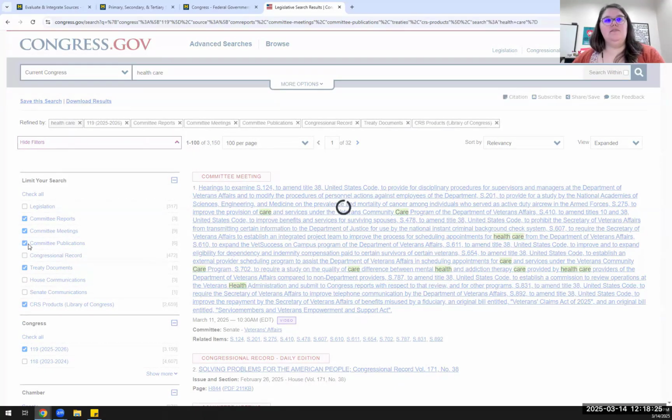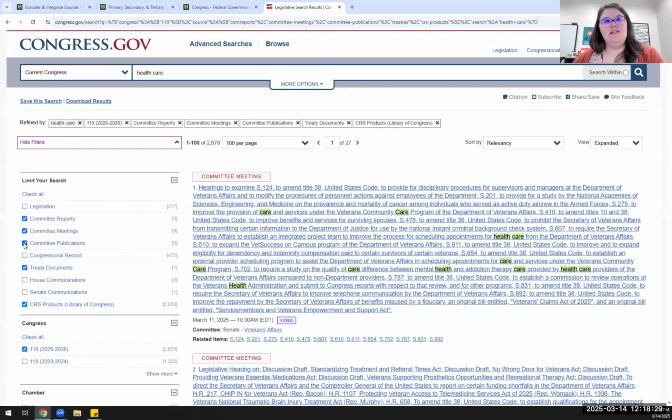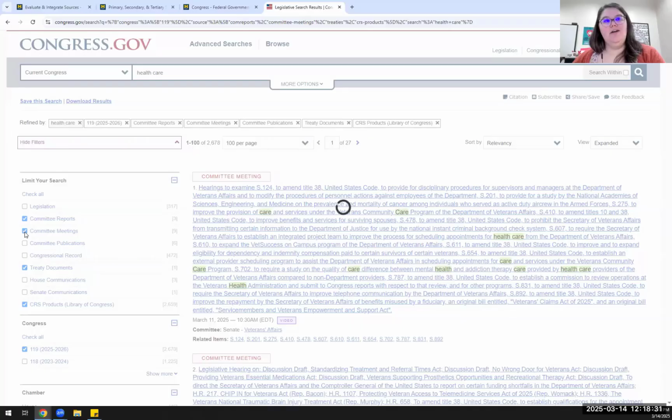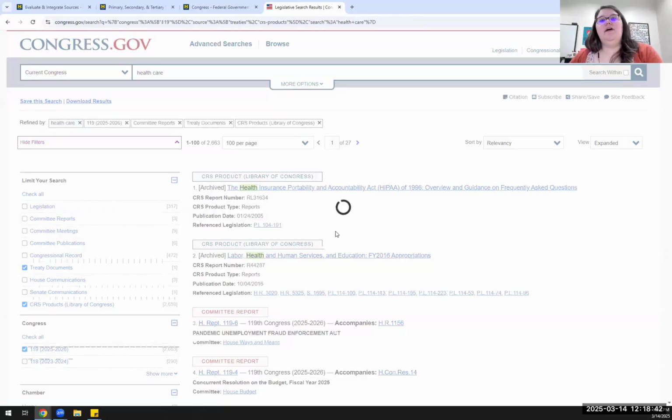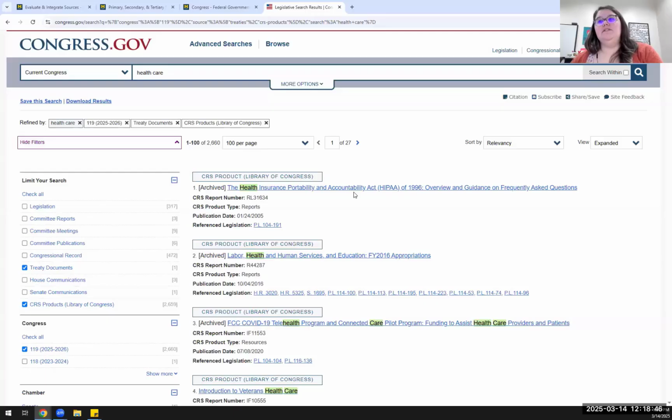But the Congressional Research Service is an arm of the Library of Congress, and these are reports created by researchers in the Library of Congress and other librarians. These will talk about the research that's been done to inform, not persuade, but to inform members of Congress about the issues that they're going to be voting on, right?